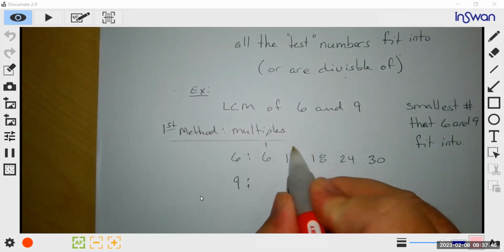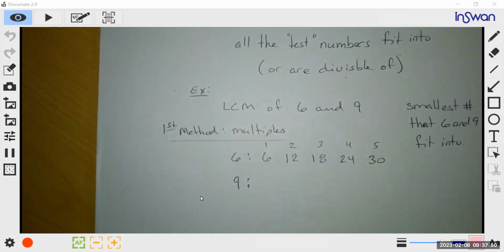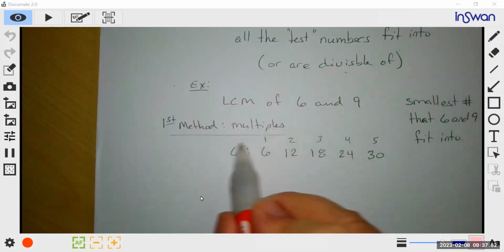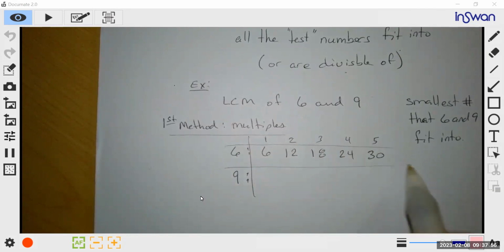So this is multiplied by 1, by 2, by 3, by 4, by 5. 1 times 9 is 9, 2 times 9 is 18, 3 times 9 is 27, 4 times 9 is 36, 5 times 9 is 45.